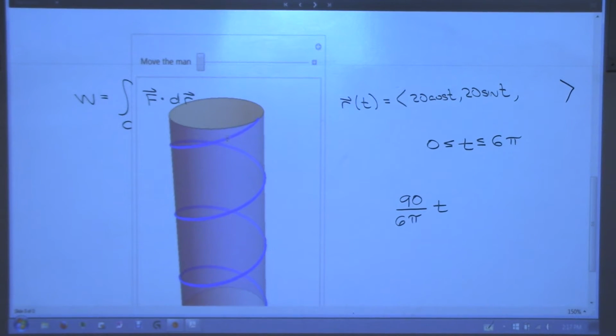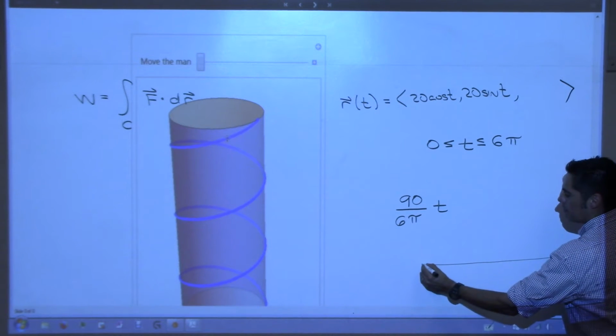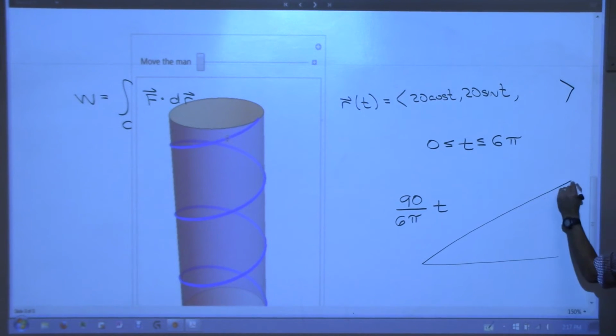Make sense? You could almost do it this way. If you kind of uncoil that thing and straighten it out, if you uncoil it and keep its angle, that's the blue thing, but straightened out, you know this has to be 90, right? But the question is, how long is this?